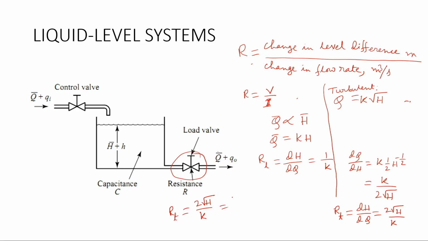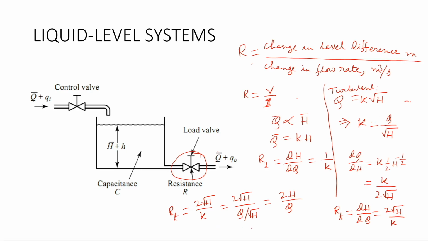And k is equal to, from this particular relation, Q divided by under root H. Now, replace k in this particular equation. So, this is equal to 2H by Q.